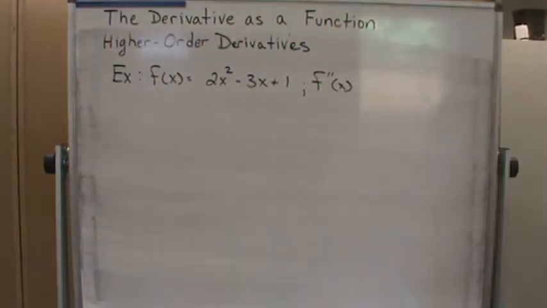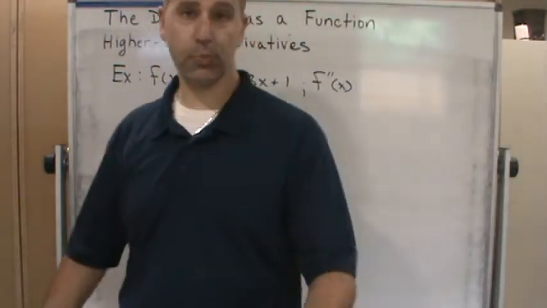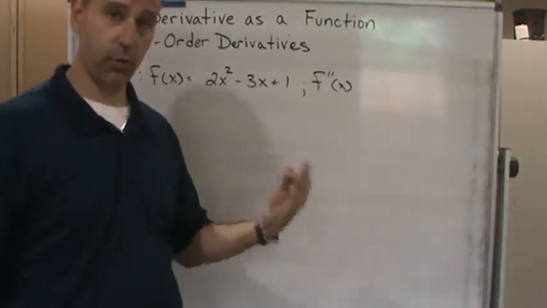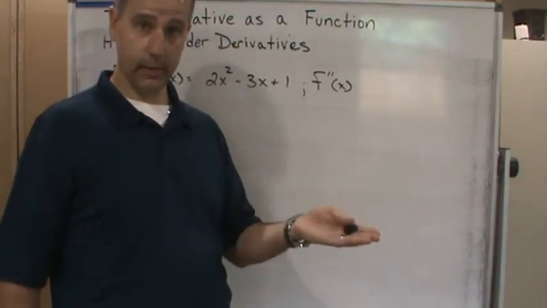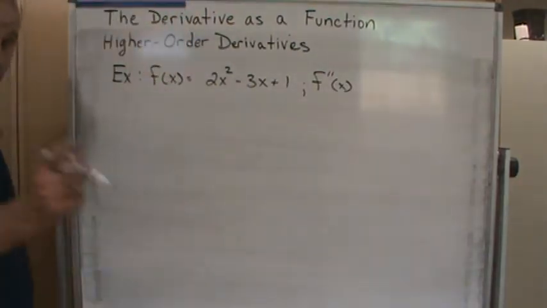Okay, so the way we have to do this is by putting the function through the limit process twice. Okay, so I'll show you what I mean.